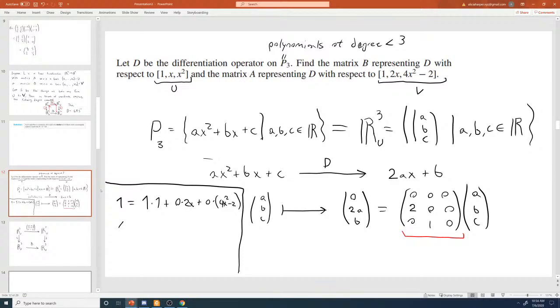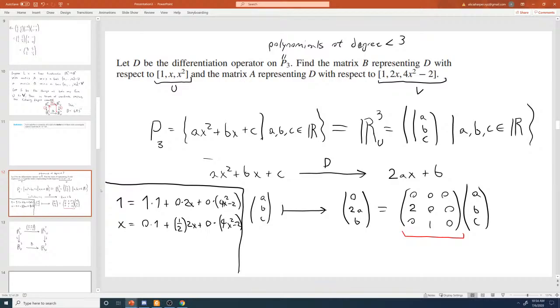And then x is equal to 0 times 1 plus 1/2 times 2x plus 0 times 4x squared minus 2.